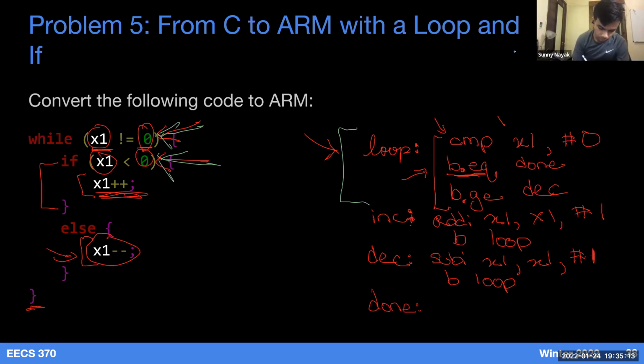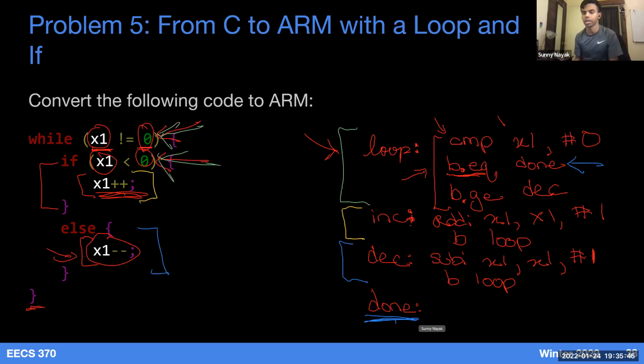And we've split up our code so that our increment, which corresponds to this code right here, will execute if the greater than or equal to is false, and our decrement will execute if it is true. And once we meet the condition that x1, register 1, is equal to 0, we're going to jump to the label done, at which point we've kind of reached the end of the file. So we're done executing our instruction.